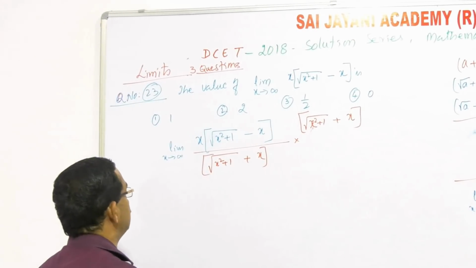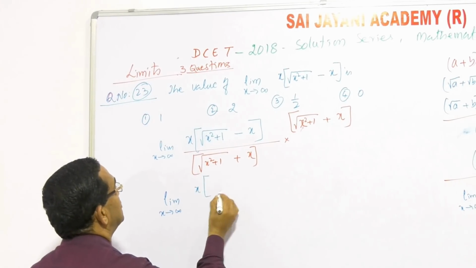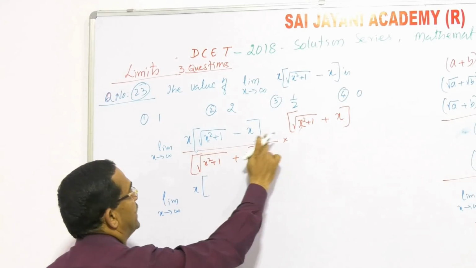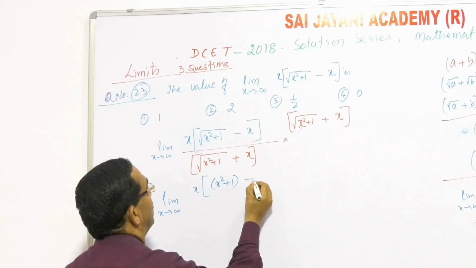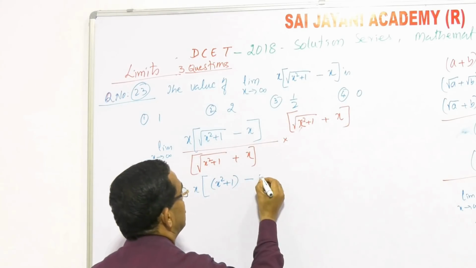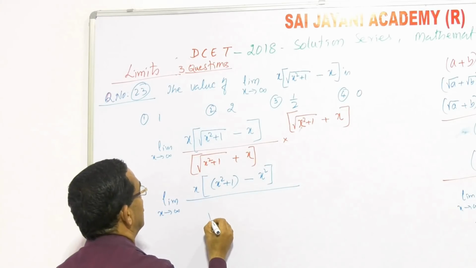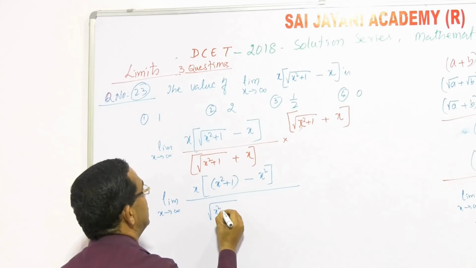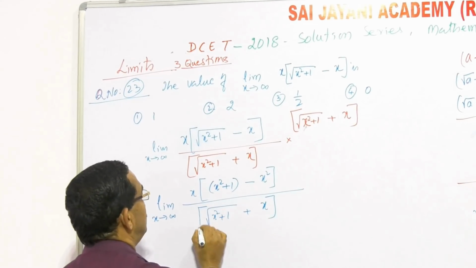So if I write it, limit x tends to infinity of x into root of x squared plus 1 whole squared, which is x squared plus 1, minus x into x, which is x squared. Over in the denominator, the same thing I write: root of x squared plus 1 plus x.